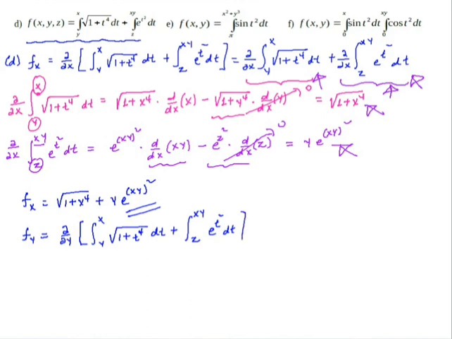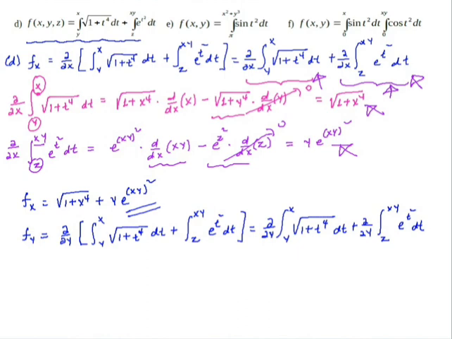Okay, separately, this becomes the partial derivative of the integral from y to x radical 1 plus t to the power of 4 dt plus the partial derivative of the integral from z to x times y e to the power of t square dt.